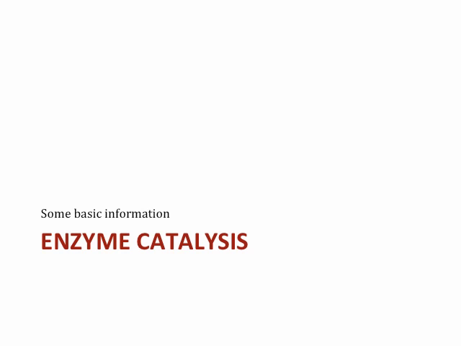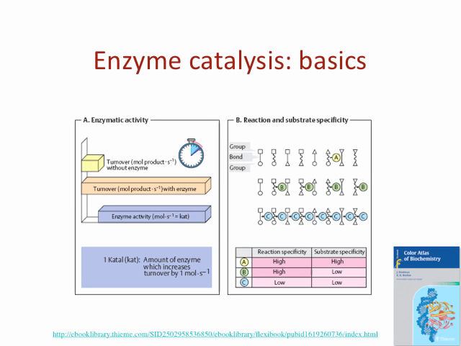So we will begin with some basic information about enzymes and enzyme catalysis. This slide here illustrates some of the basic concepts. Panel A shows with that yellow bar the turnover of a reaction without an enzyme, whereas the orange bar represents the turnover with an enzyme, and the blue is the difference between the two.